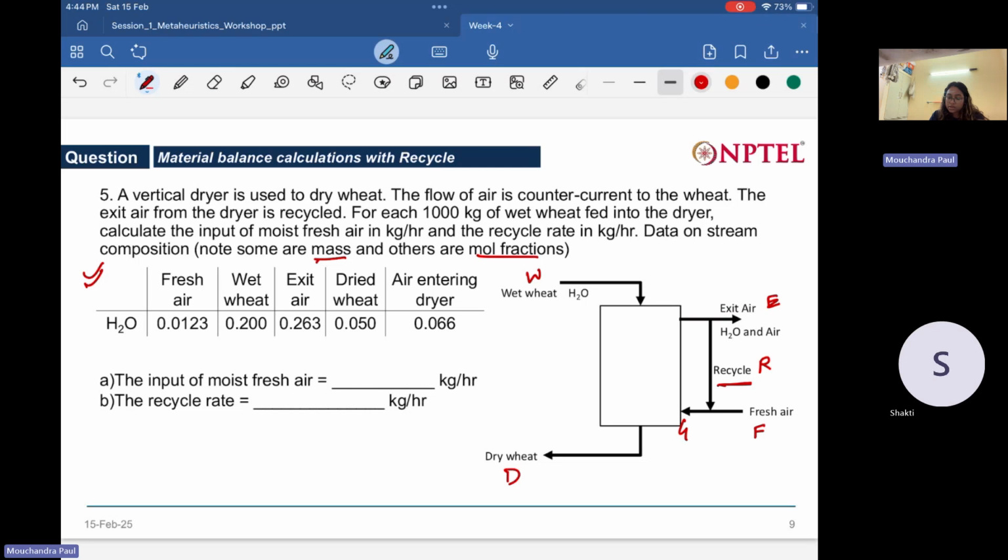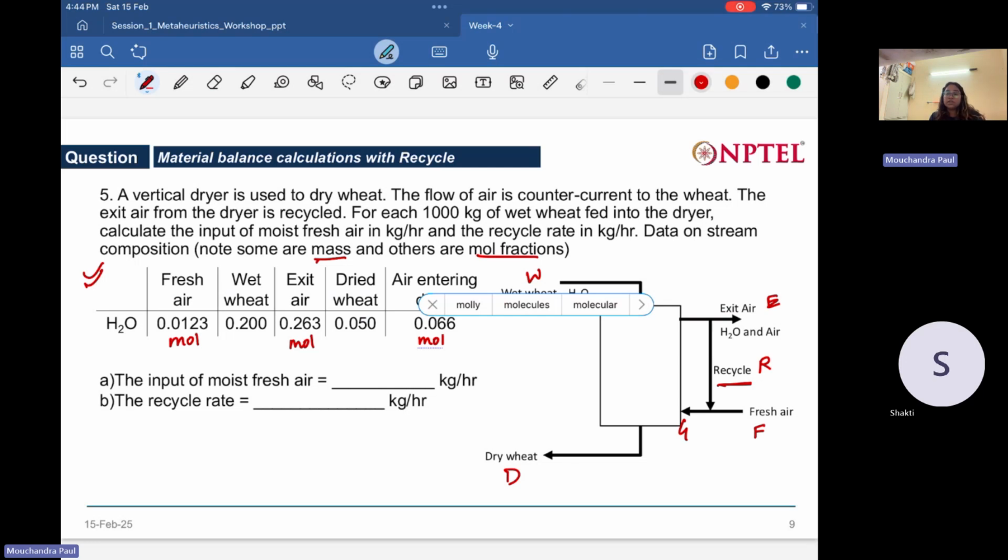Here, when we talk about gases, we consider in general the mole fractions, whereas for solids, we consider mass fractions. So the decimal values that are given for fresh air are in moles. Exit air is given in moles, and air that is entering is also given in moles. You have to know this, all right? That is a general practice.